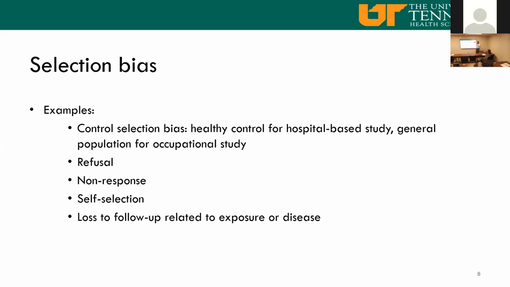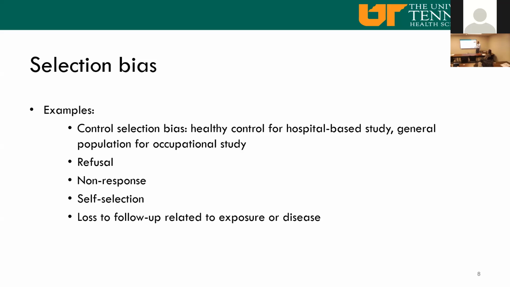Non-response is a similar one. Refusal means you can still communicate with the potential participant, but they refuse to participate. In the case of non-response, there is no response; you send mails and they are not responding. If the non-response is different between your compared groups, that can introduce bias.